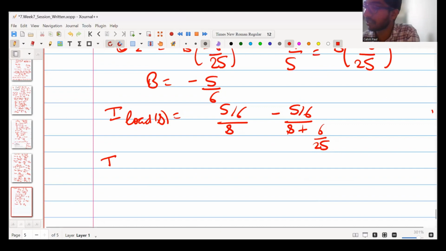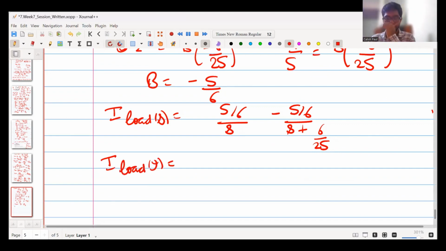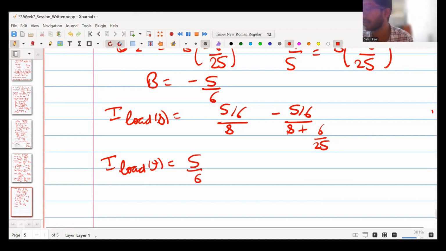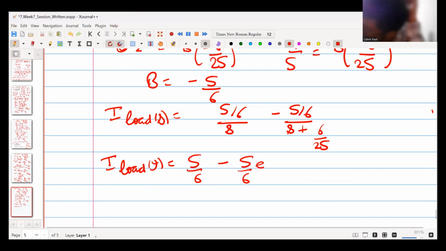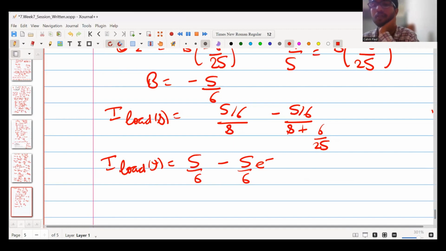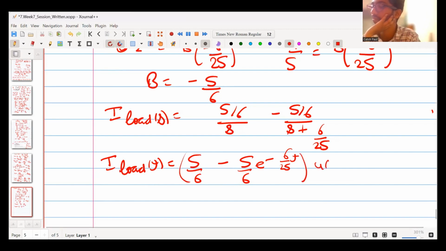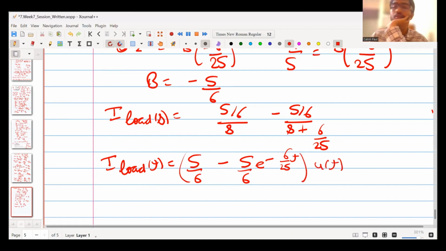So when you find the Laplace inverse, what will you get? 5 by 6 minus 5 by 6 e power minus 6 by 25 t, into u of t.